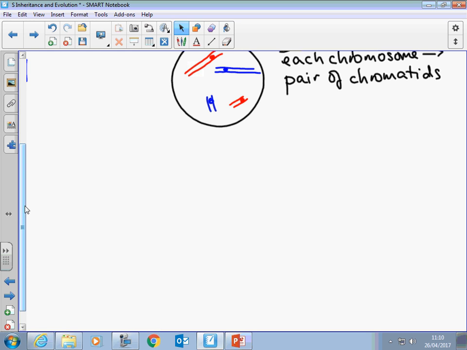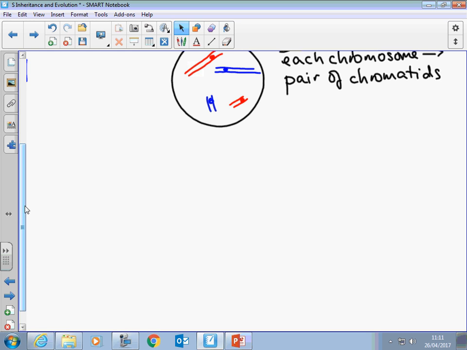And because you can't really call them a pair of chromosomes, because each chromosome is a pair of chromatids, and it would be very clumsy to call them a pair of chromatids, there's another word for it, not surprisingly. They're known as a bivalent. It's not too difficult a word. A bivalent is a matching pair of chromosomes that have been replicated so that each one's a pair of chromatids.